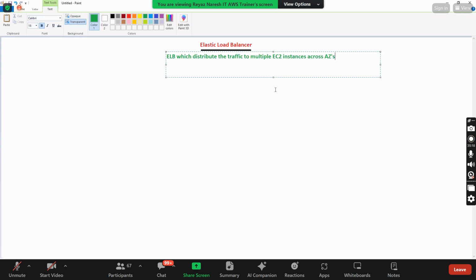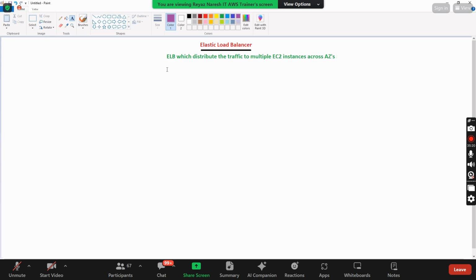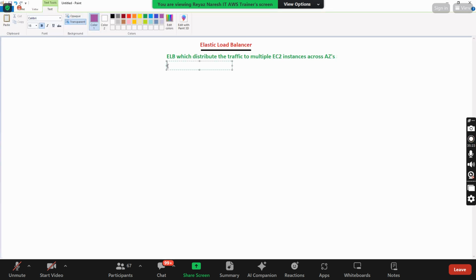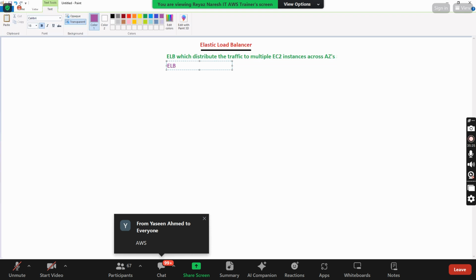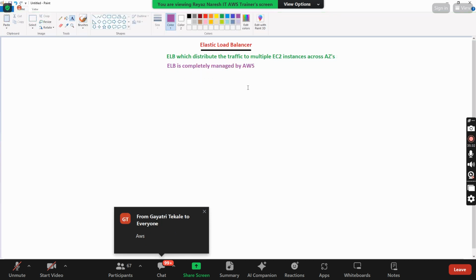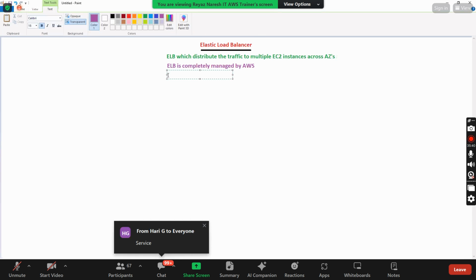And also, ELB is completely managed by AWS. Remember we discussed in the starting days. Is ELB a service or a server? ELB is a service by AWS, not a server.